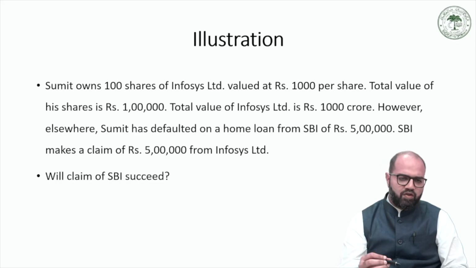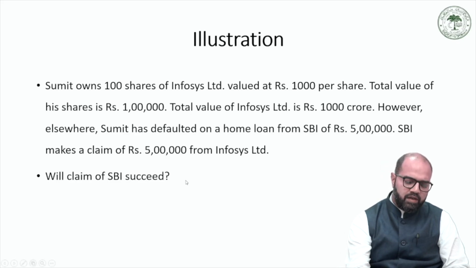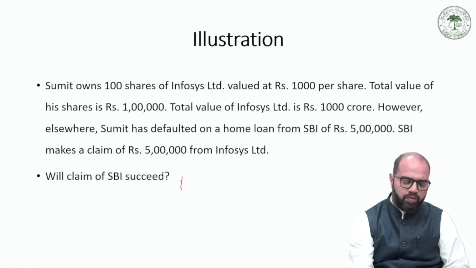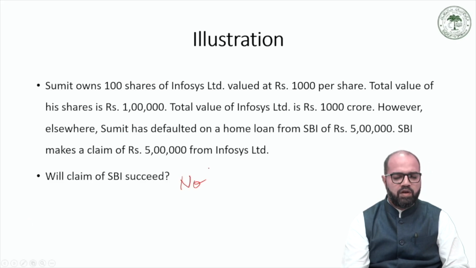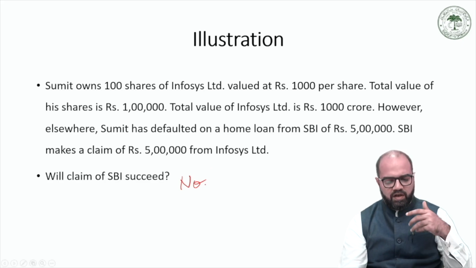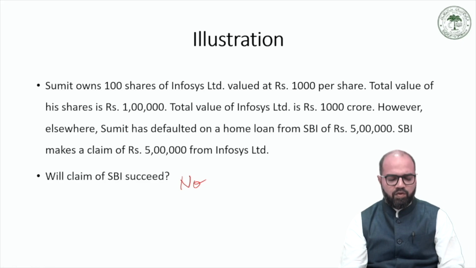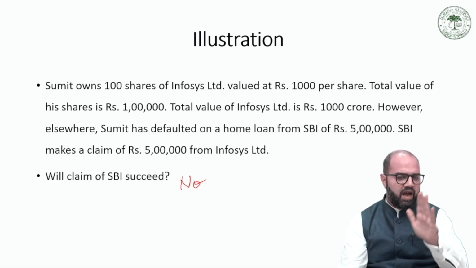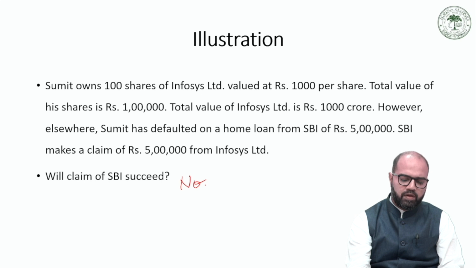Now, going by the theory of entity shielding, the answer to this question is no. The theory of entity shielding prevents the personal creditors of shareholders from laying a claim on the assets of the company. So the assets of the company will remain protected.